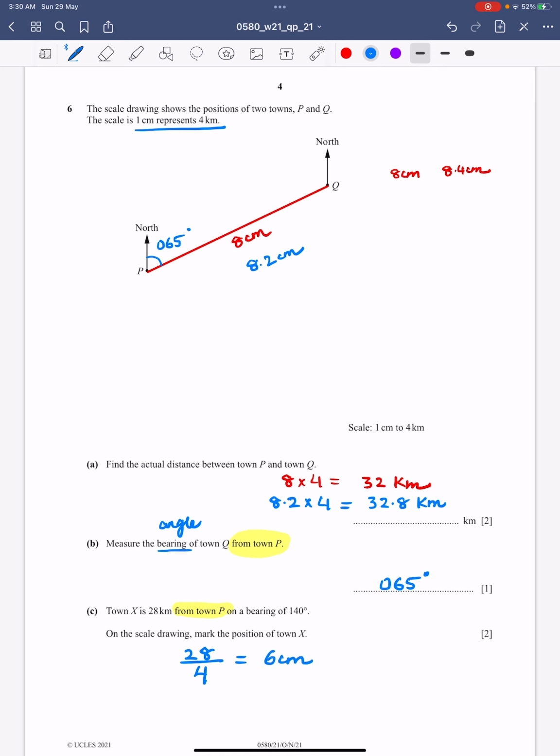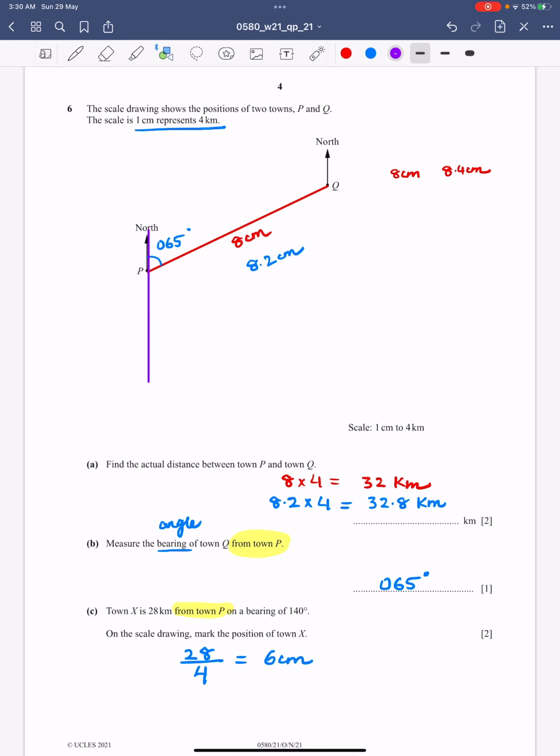So we start from the north, because this is where we start our bearing from P. We keep our protractor here and we measure 140 degrees starting 0 from here. So 140 could be roughly here, and when we draw this line it should be 6 centimeters, and that is the position of the town X. So let's do that.